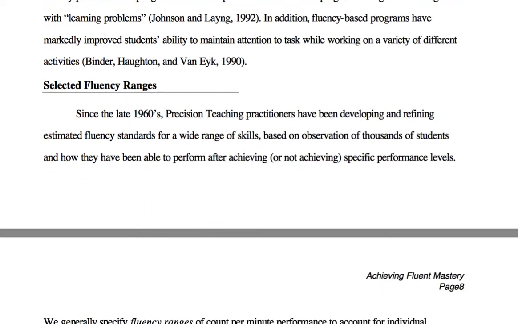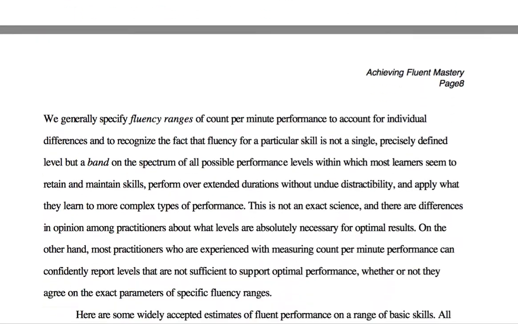Selecting fluency ranges. Since the 1960s, precision teaching practitioners have developed and refined estimated fluency standards for a wide range of skills based on observation of thousands of students and how they have been able to perform after achieving or not achieving specific performance levels.